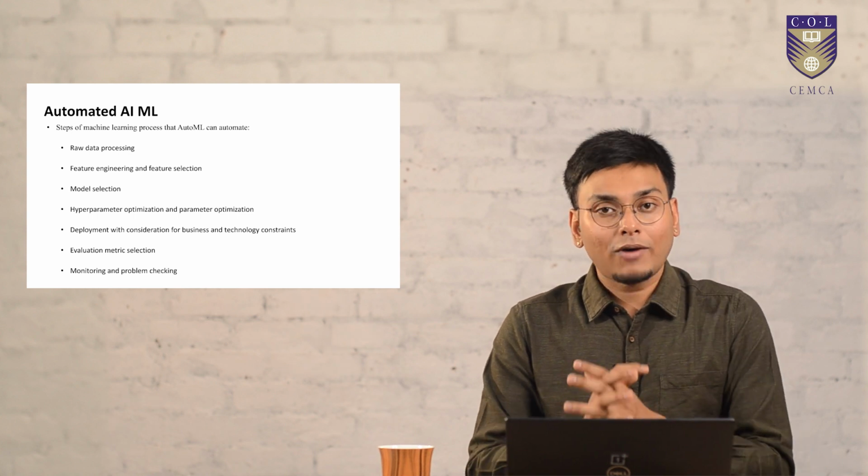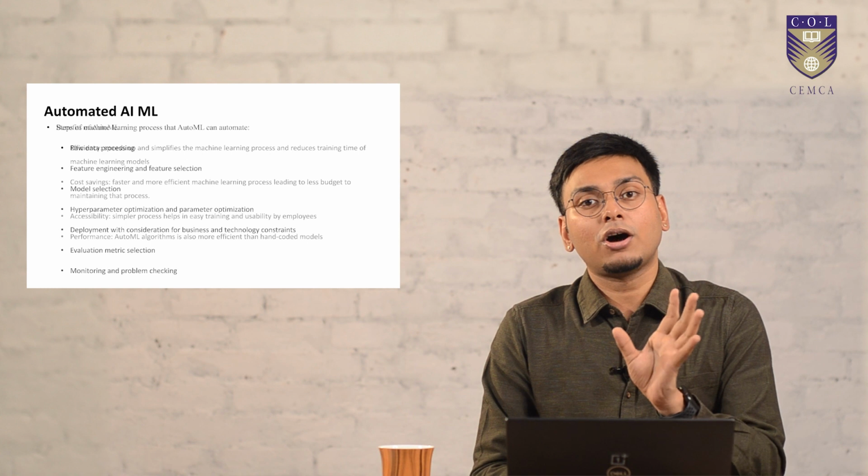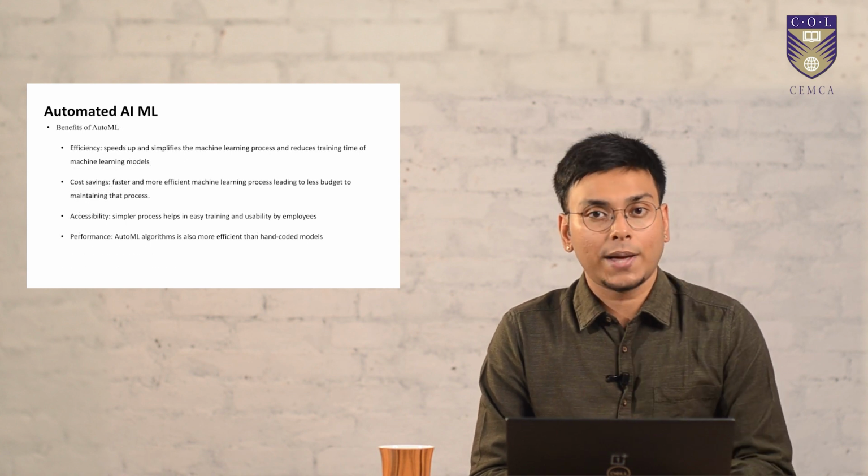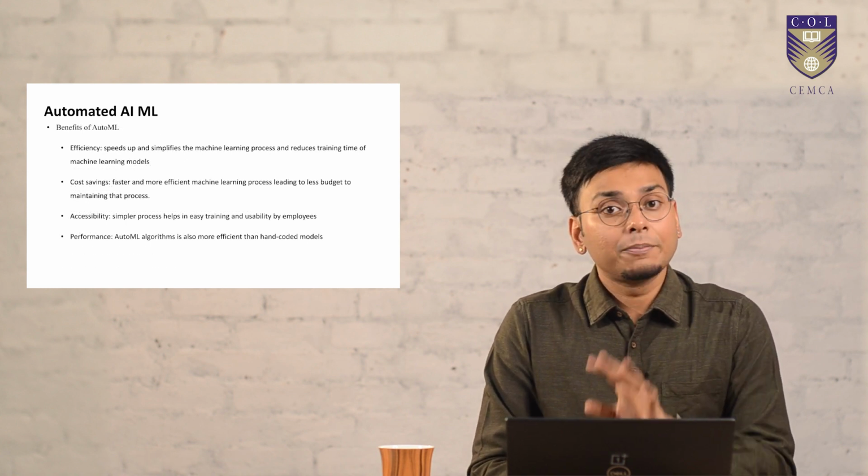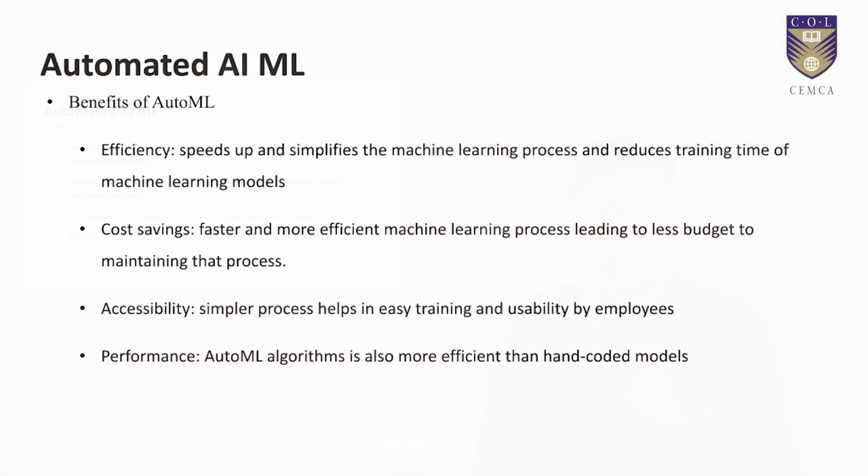Now friends, as you can quite easily understand, there are a number of advantages of these kinds of auto AI/ML processes. The biggest advantage is perhaps the efficiency and the saving of cost. Because this whole process is highly automated, the overall speed of the learning process is great, and this in turn not only reduces the time required but also the cost required to train the models.